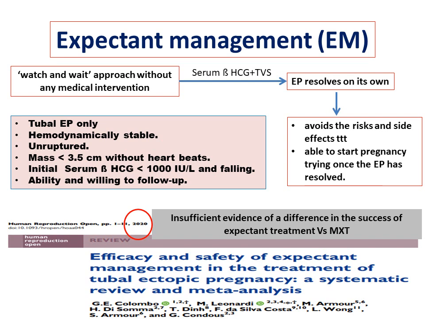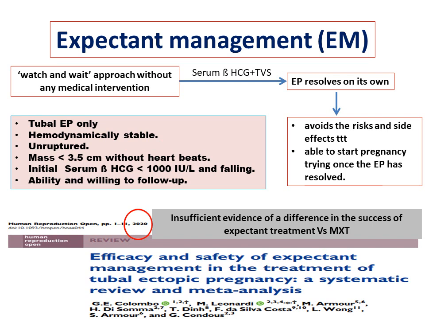What are the advantages? They include avoidance of the risks and side effects of medical and surgical treatment. The patient can be allowed to get pregnant immediately once the ectopic pregnancy resolves. Unlike methotrexate, for example, where you have to avoid pregnancy for a few months after completion of the course of treatment.